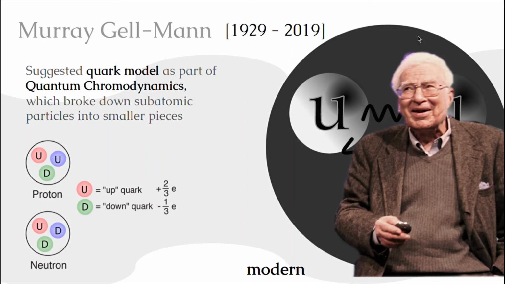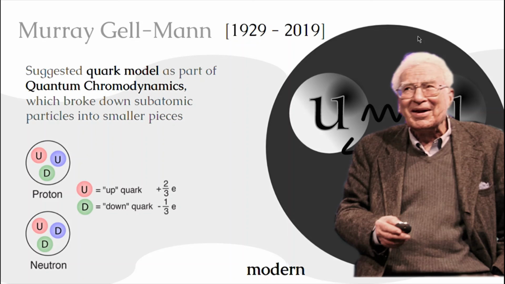Protons and neutrons are both hadrons, and there are different types of quarks, and these contribute to their charge. You can see that the up quark here has positive two-thirds e charge. e is the amount of charge an electron has, which Robert Millikan discovered in his famous oil drop experiment.